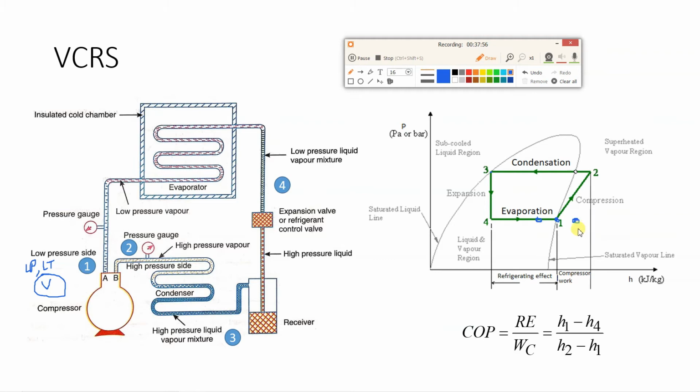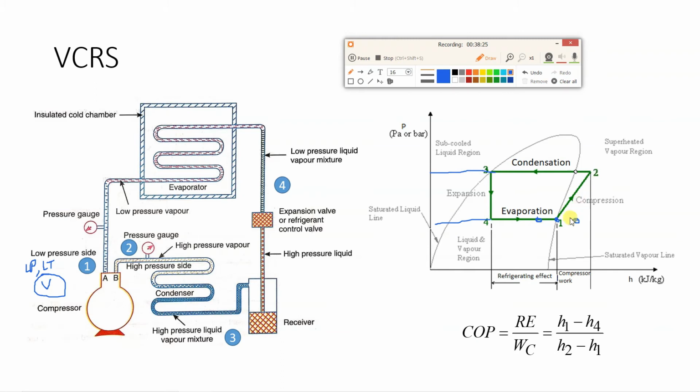First is that. Here you can see we have drawn 2 lines. This is high pressure and this is low pressure. That is why I have shown over here low pressure, low temperature vapor. This vapor can be either saturated vapor, as shown in this diagram, or it can be superheated vapor. Now in the compressor we have isentropic compression. So 1 to 2, we had seen the nature of isentropic curves on the pH chart. This was the nature.